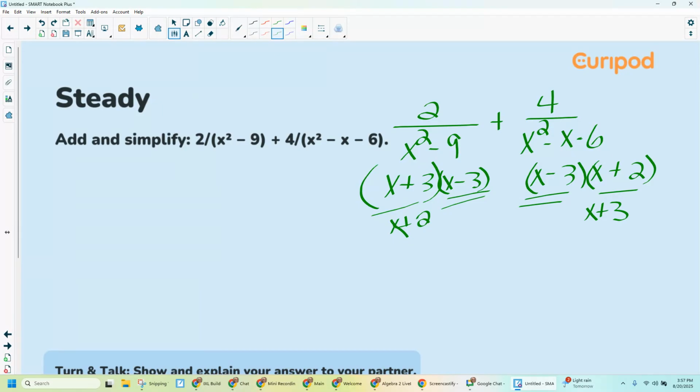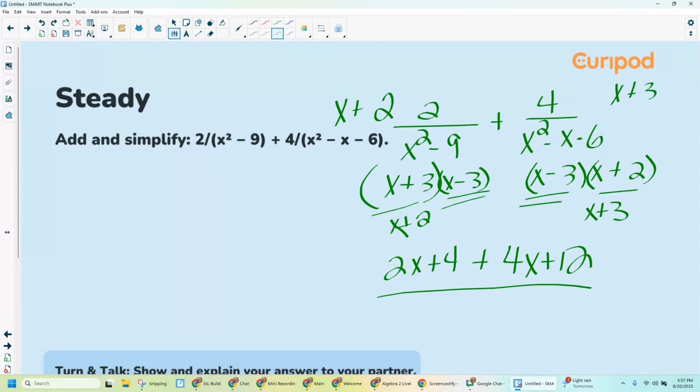So 2 times x plus 2 is 2x plus 4, plus this one's got to multiply by x plus 3, so 4x plus 12 all over x plus 3, x minus 2, and x minus 3, all three of those terms.